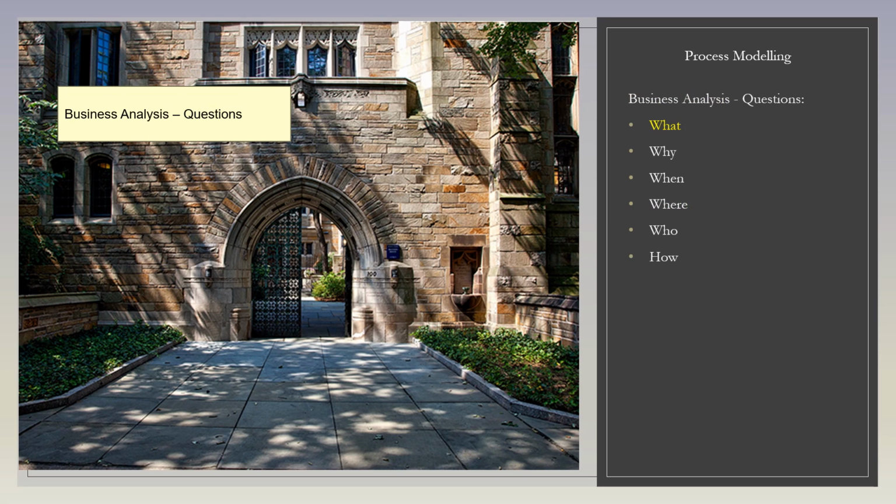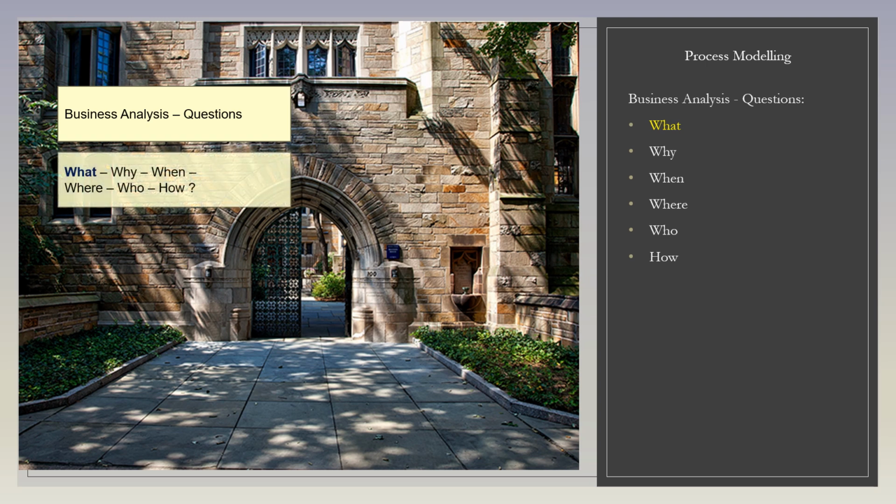You need to remember that what we are looking at here is process modelling and process mapping in the context of business analysis. And business analysis is in part about asking questions. The classic ones being what, why, when, where, who, and how.